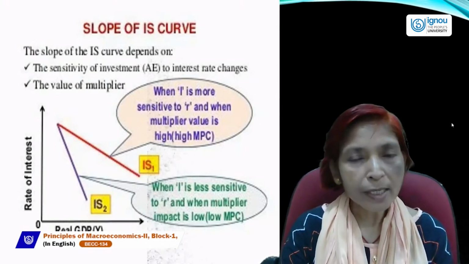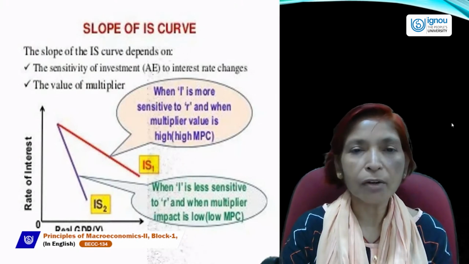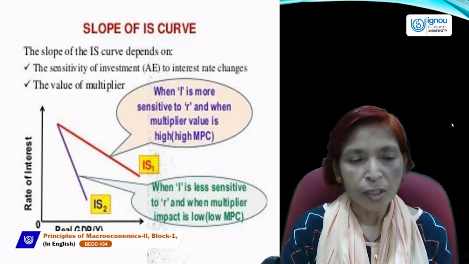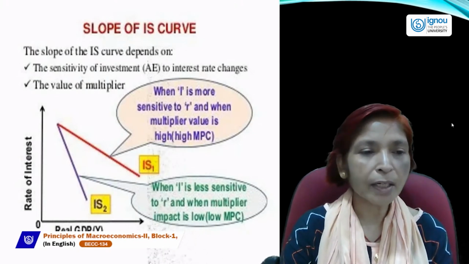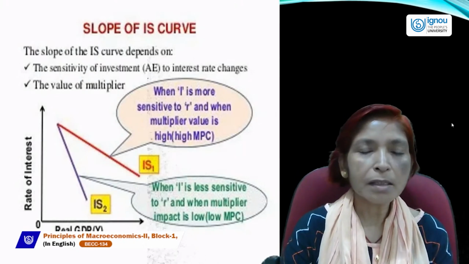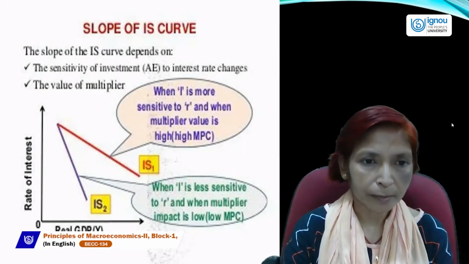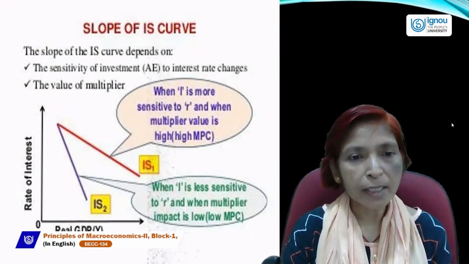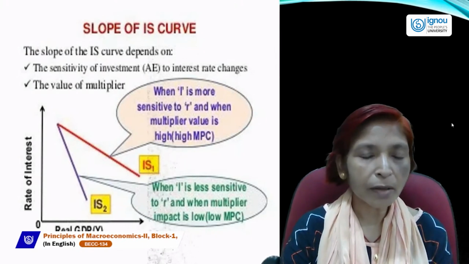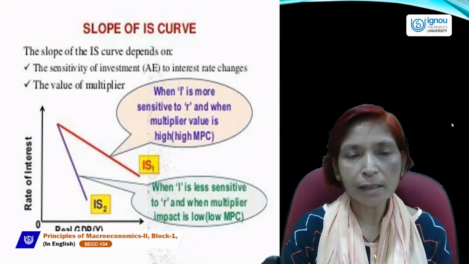If there is more sensitivity of investment to the change in rate of interest, then the curve will be flatter. And if there is less sensitivity, then the IS curve will be steeper. And the second point is the value of the multiplier, which also determines the slope of the IS curve.